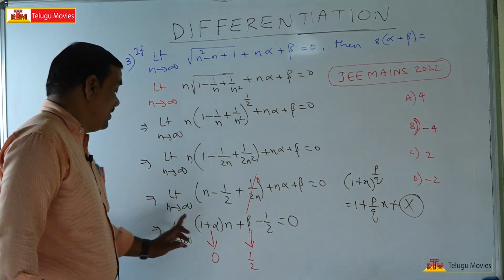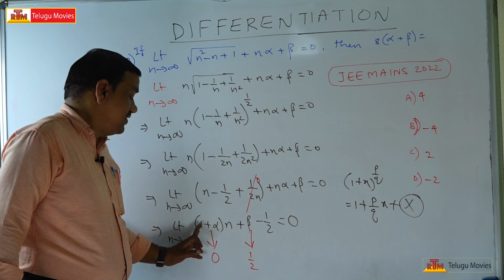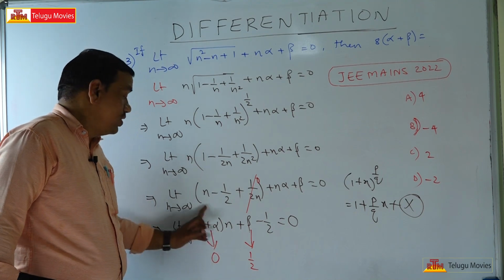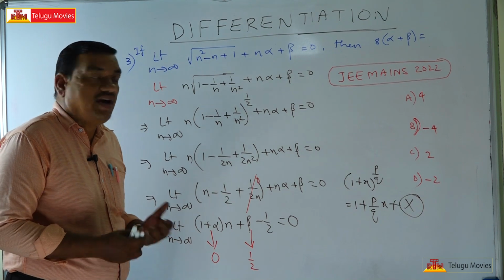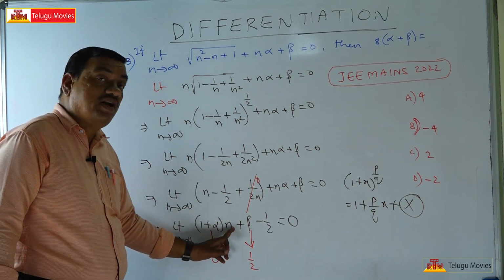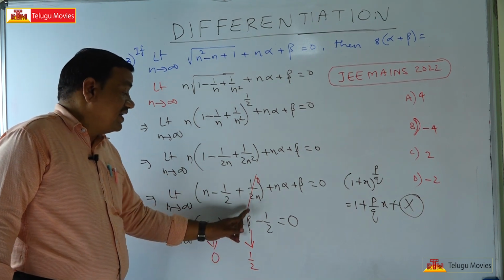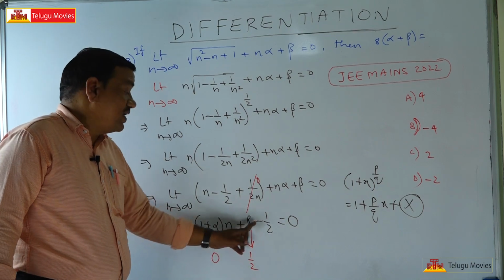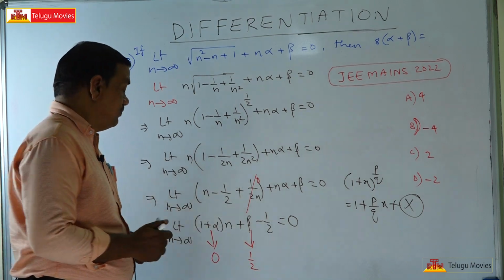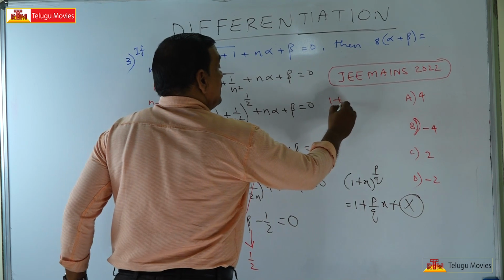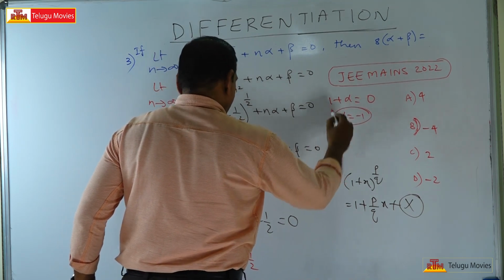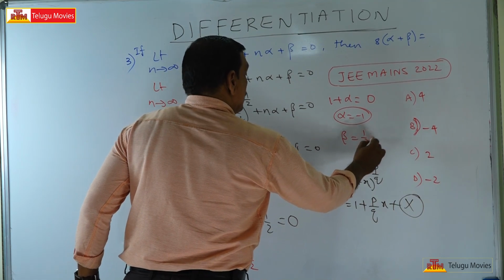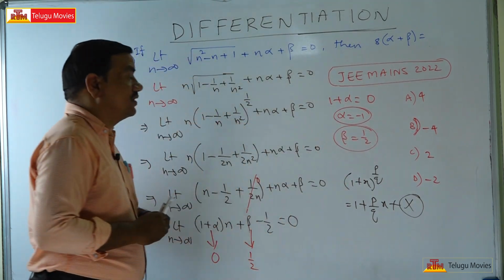If 1 plus alpha is 0, then 0 into n, which is a finite value, is 0. If beta is the constant 1 by 2, then 1 by 2 minus 1 by 2 becomes 0. Therefore 1 plus alpha is equal to 0, therefore alpha is equal to minus 1, and beta is equal to 1 by 2.